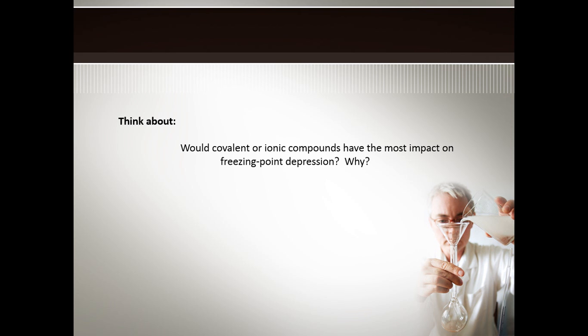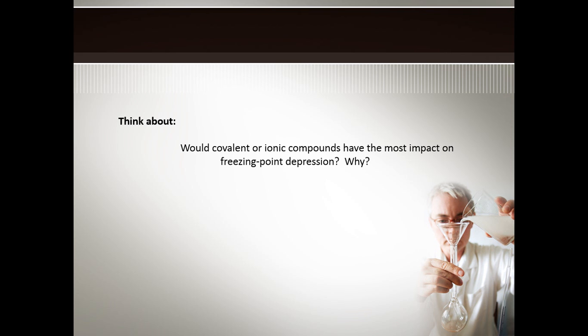That i can change depending on how it's broken down. Covalent compounds are always going to have an i of 1. Ionic compounds, on the other hand, could have an i of 1, 2, 3, 4, go on up, depending on how many ions it breaks into. So would covalent or ionic compounds give us the most change, potentially, of our freezing point? It's going to be ionic compounds.